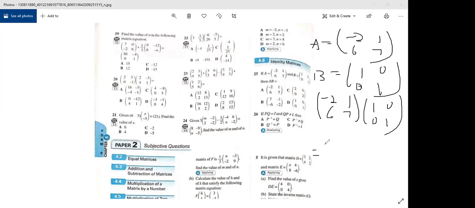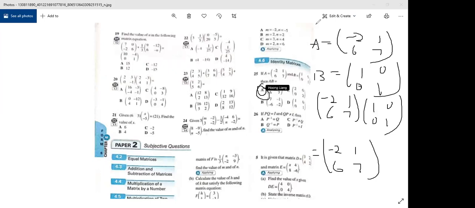Okay, so -2 plus 0, so it's -2 here. 0 times 1 goes here. 1 times 1. So okay, -2, 1. So you can see the answer is A.